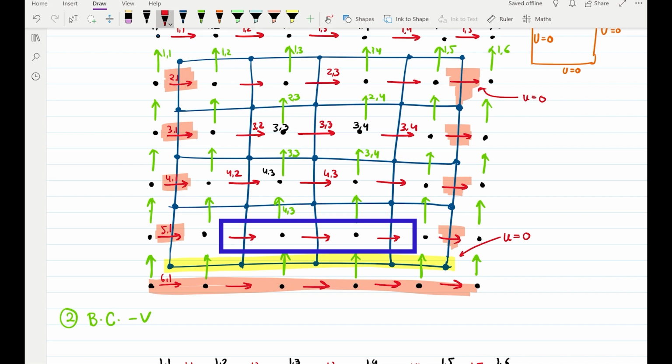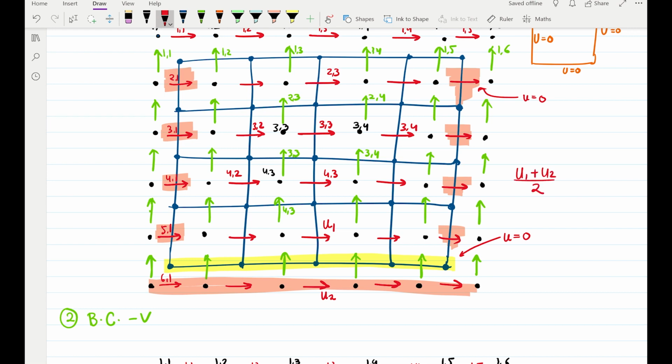So if I represent this velocity as u1 and this velocity as u2, and we know that the yellow velocity should be equal to 0. So if I linearly interpolate them, assuming a uniform grid with constant spacing, we can say that (u1 + u2)/2, that is the average velocity, equals 0.